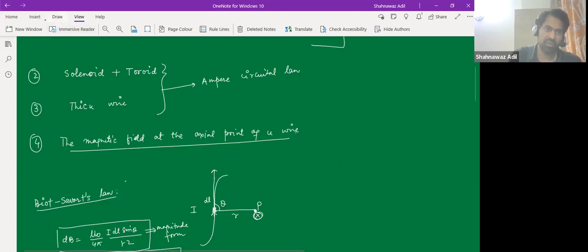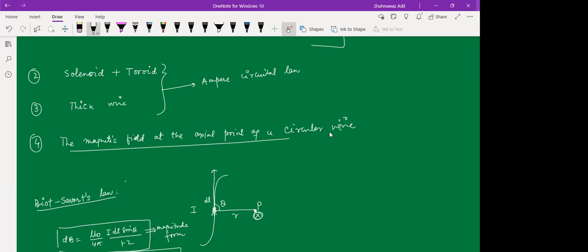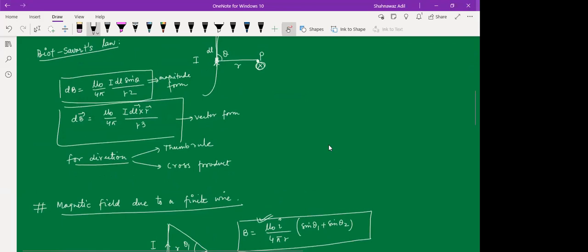This is axial point of a circular. Whenever you guys want me to scroll down, please. Done. Done. Okay, so please down this part.